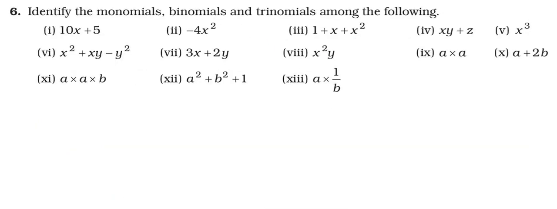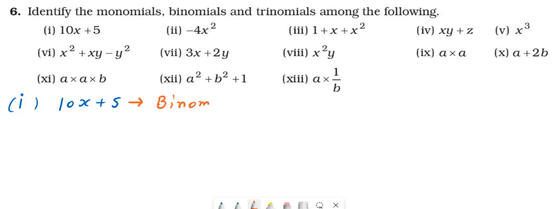Beta, in this question we have to identify the type of polynomial. So beta, the first, 10x plus 5, has two terms, so we will say that this is a binomial. Bi means two, nomial means terms. Second part, minus 4x square.